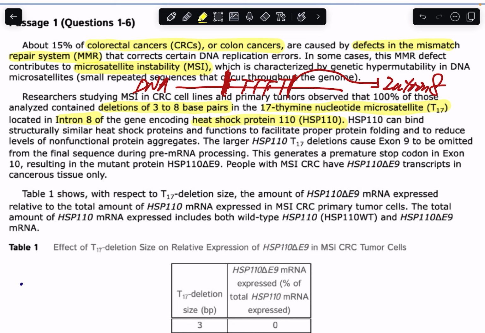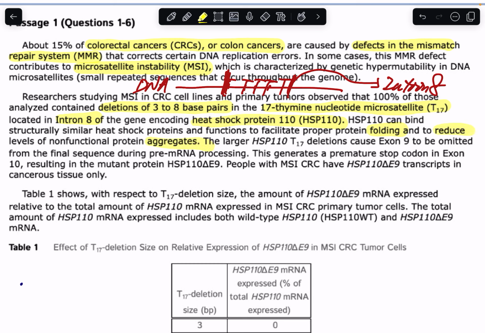Okay, let's keep reading. HSP110 can bind structurally similar heat shock proteins. So this is telling me this protein's function. This protein can bind structurally similar heat shock proteins and functions to facilitate proper protein folding and to reduce levels of non-functional protein aggregates.